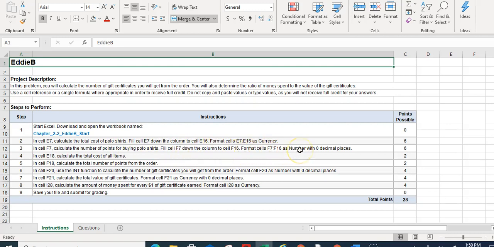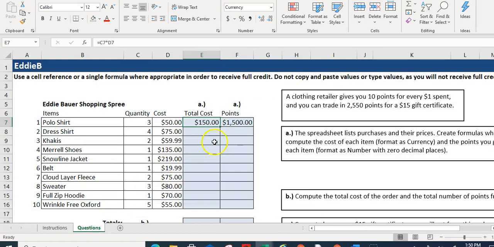It should be a number with 0 decimal places. This is not a currency amount, it's a number. So it is going to round off in some cases. Like this $59.99, I might end up with 60 points or something, or 600 points, but that's okay.